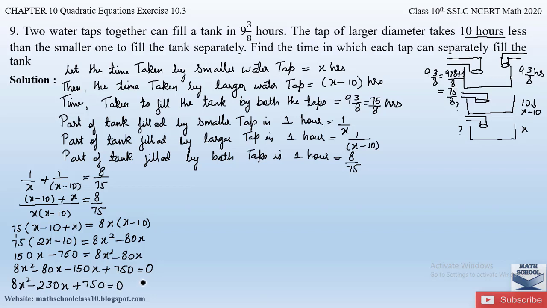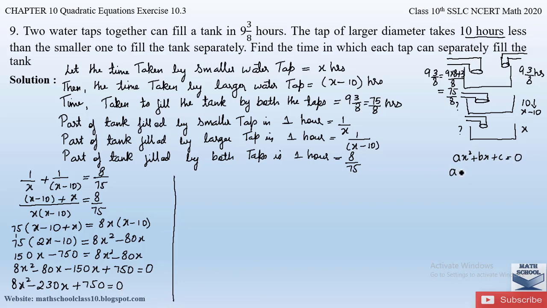For this quadratic equation you can apply any of the three methods: the factorization method, the quadratic formula, or the completing the square method, and find out the roots, or the x value. So here let us use the splitting the middle term or factorization method to find the roots. When you compare with the standard form of a quadratic equation, which is given by ax square plus bx plus c, we can find out the a, b and c values.